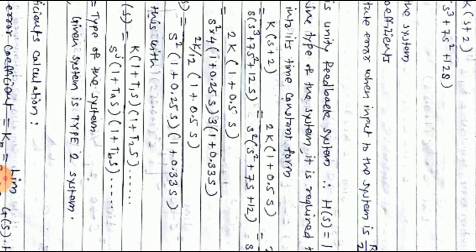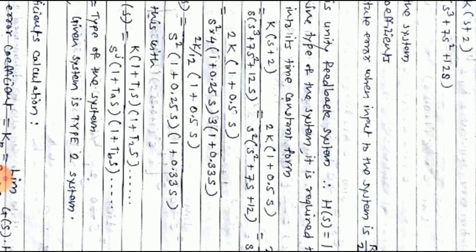So bring this equation into time constant form. 0.5s means it is s by 2, so divide the numerator by 2. The second term, that is s by 2, we have to express in time constant form.